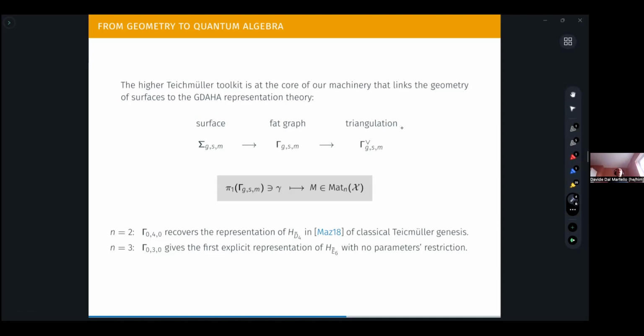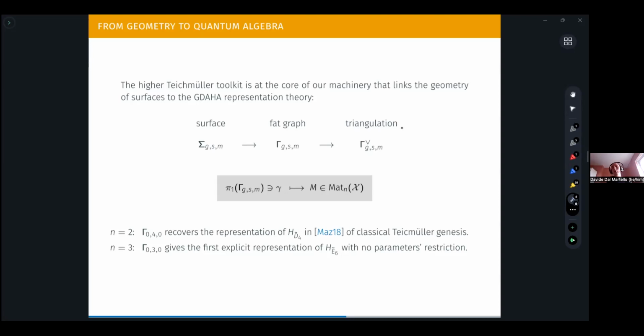And out of a surface, the first thing we do is to construct the fat graph of the surface. I will tell you exactly what it is in a second. But the point is that by dualizing this fat graph, we get a triangulation. So now that we have triangles, on each triangle, by moving from one side to the other, I can make these T matrices appear.